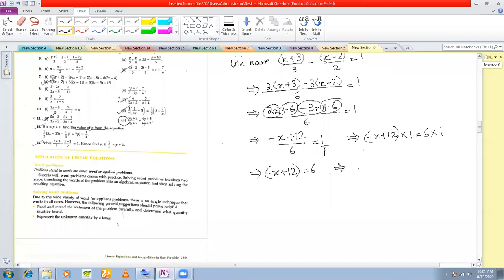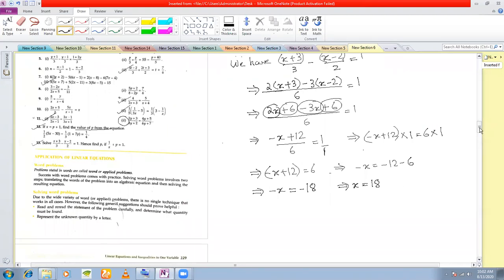That means −x, you take 12 to the other side, you get 6 − 12, which gives you −x equal to −6. That means you get x is equal to 6.